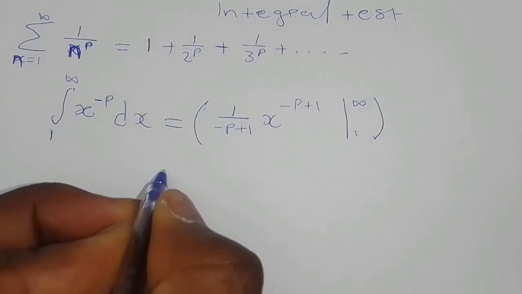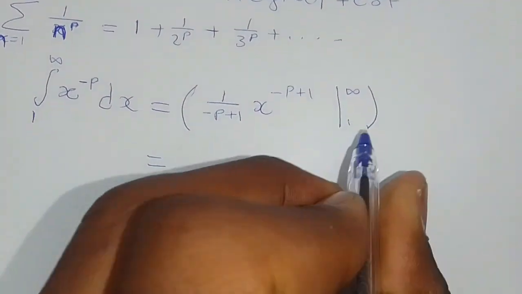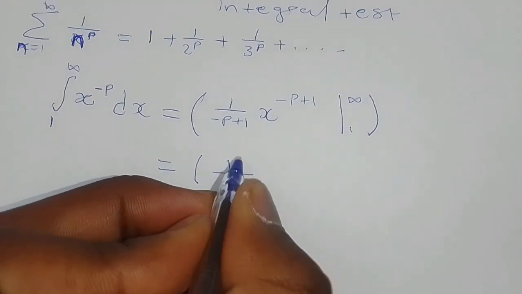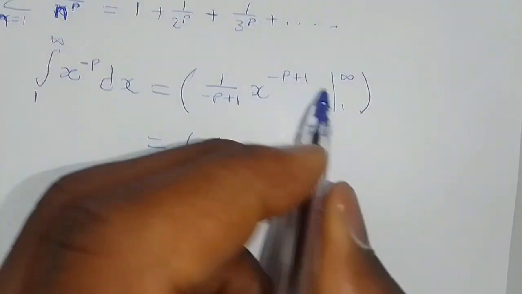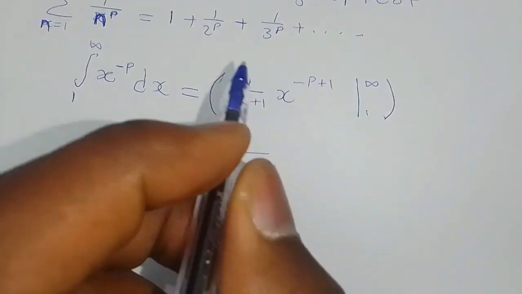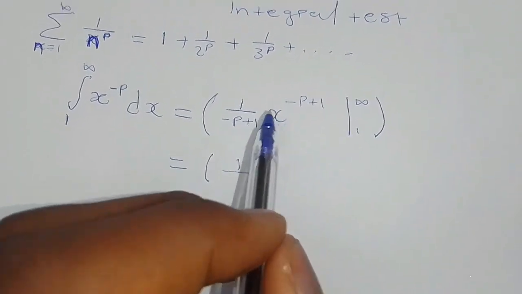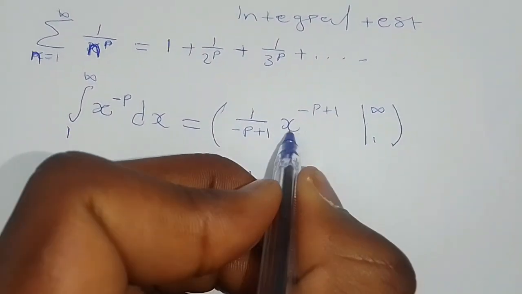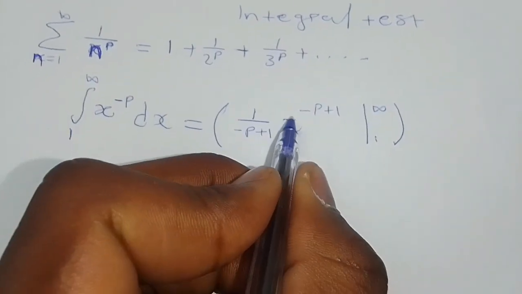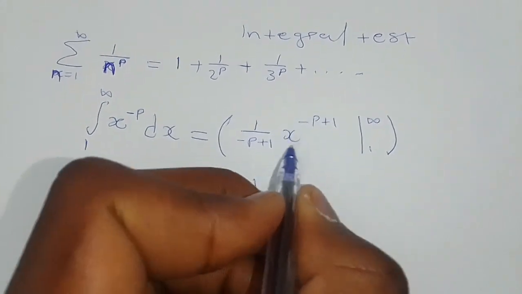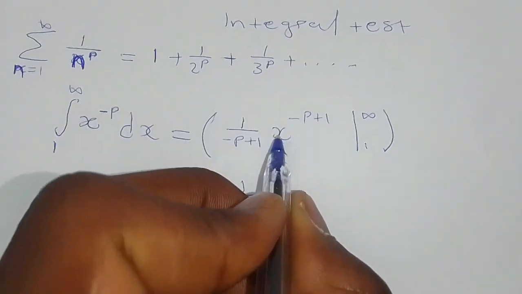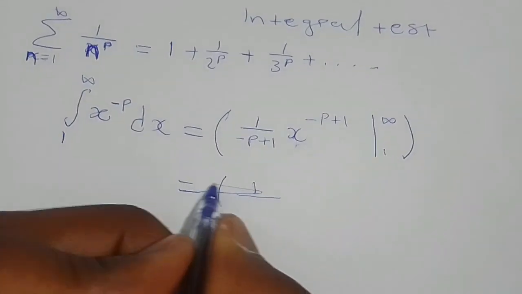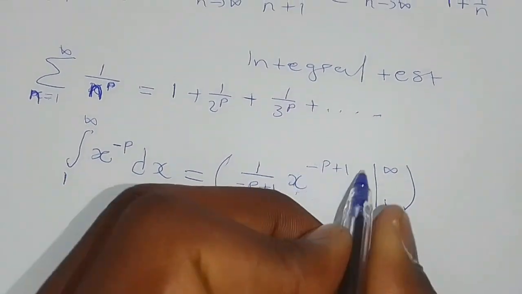If you do that, you just plug in 1 there, and then you have the value at infinity. If we evaluate this at infinity, where x goes to infinity, that's where we have to be cautious. If you have a positive number and you raise it to a negative exponent, it decreases.